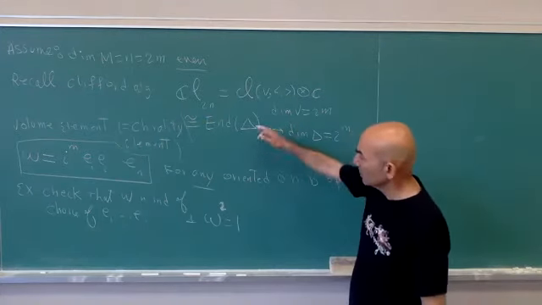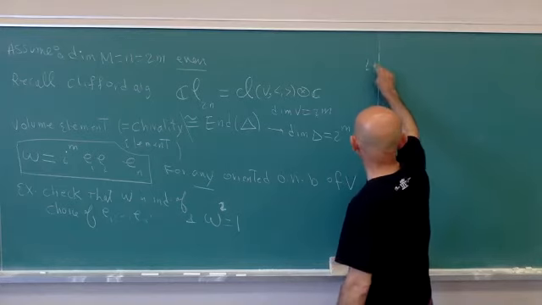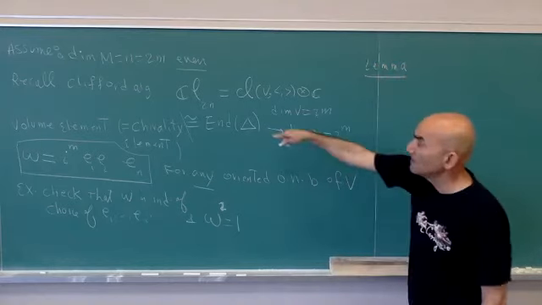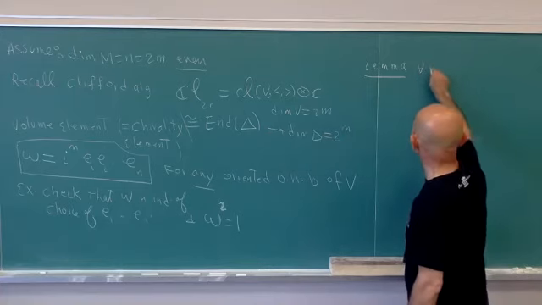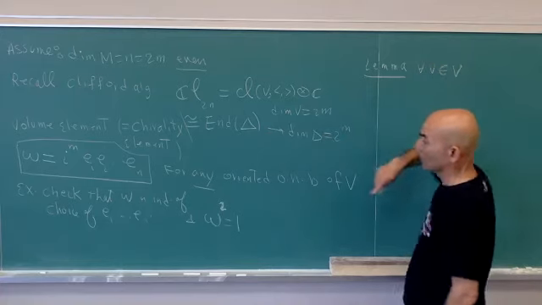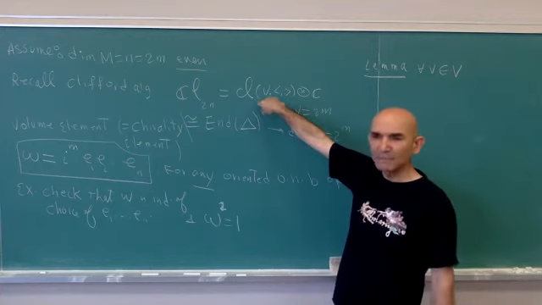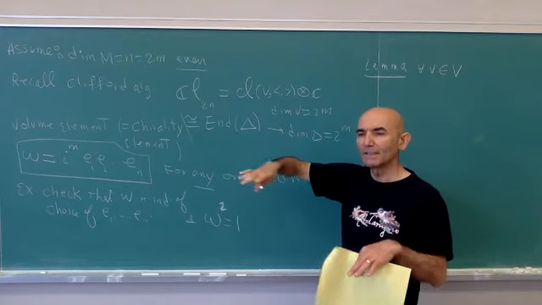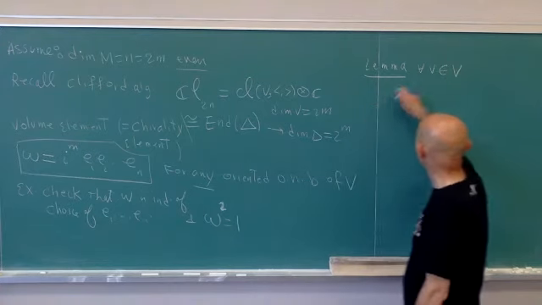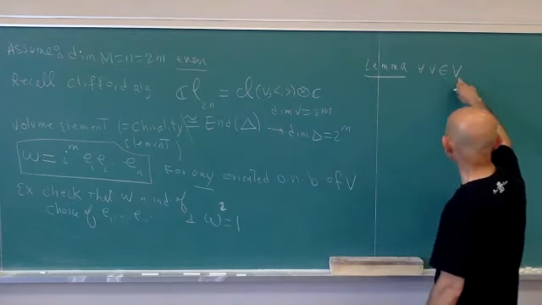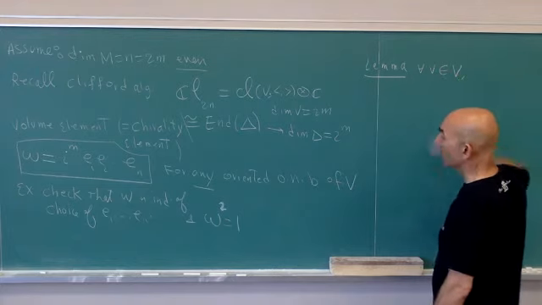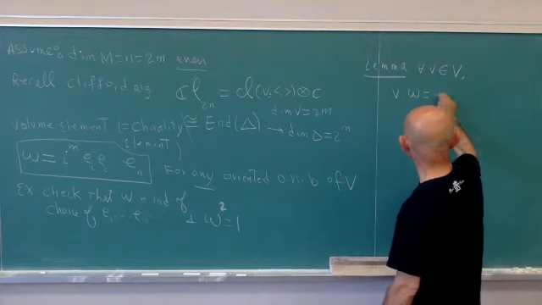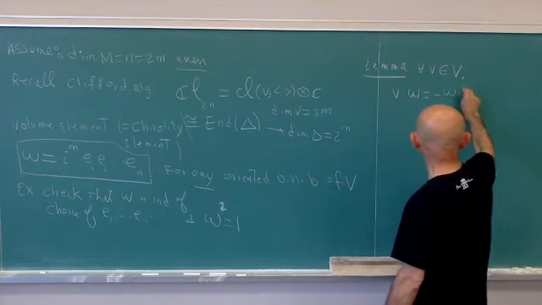Another Clifford algebra lemma is that for any V, not in the Clifford algebra, just in this small part, which is just the generators, basically, right? V is the generators of this algebra. For any V, little v, cap V, we have that V times omega equals minus omega times V.